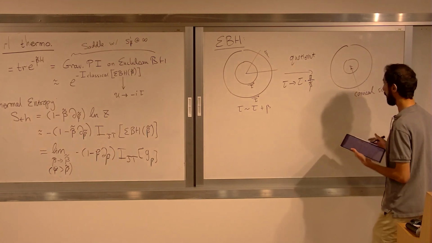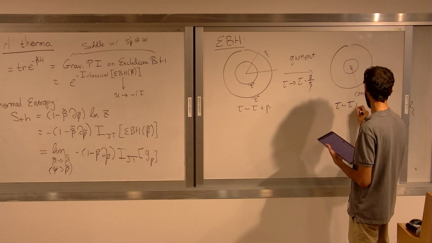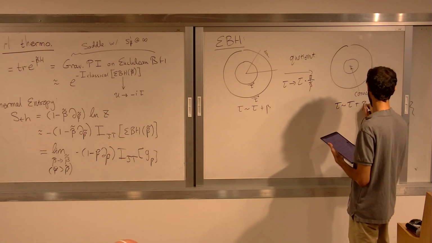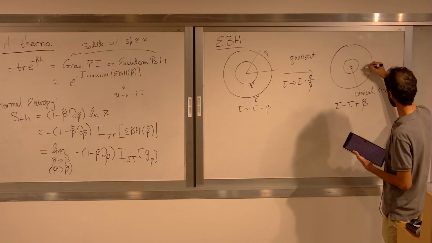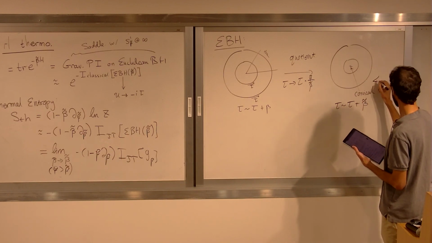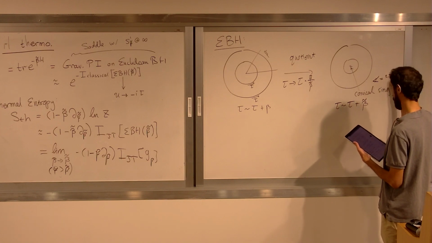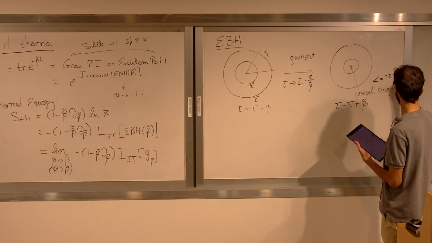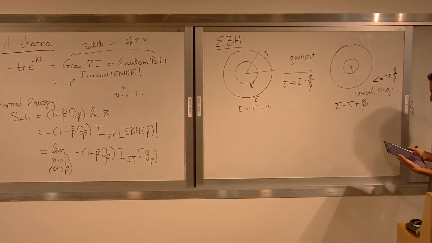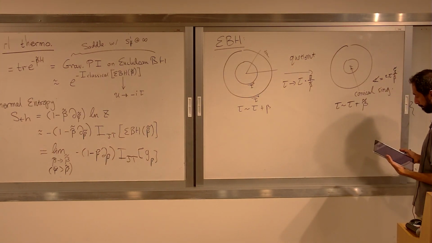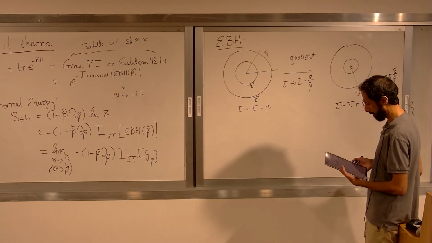In this picture, tau goes as tau plus beta tilde. So here we have a conical singularity of deficit 2 pi beta tilde over beta, or rather 1 minus that.